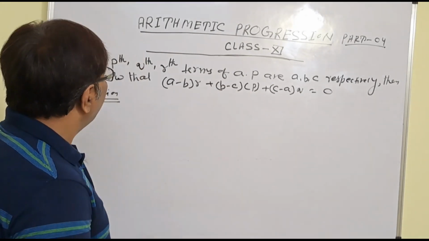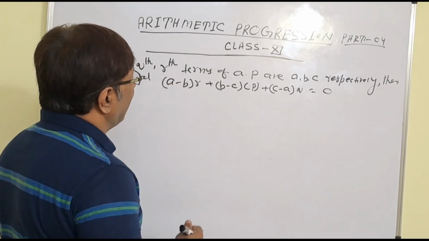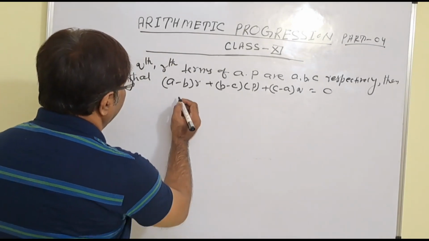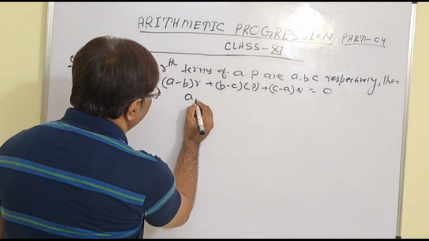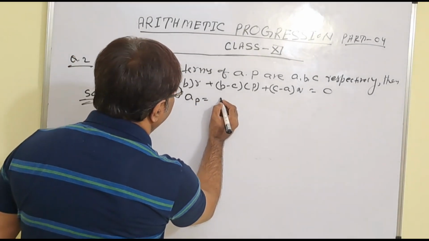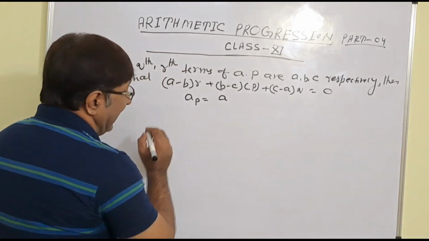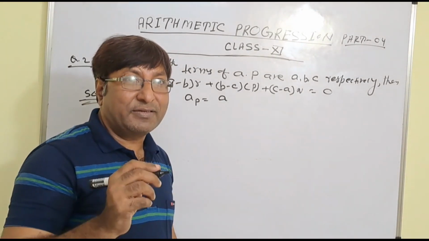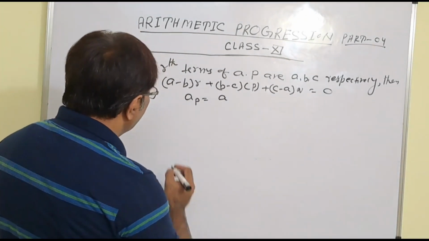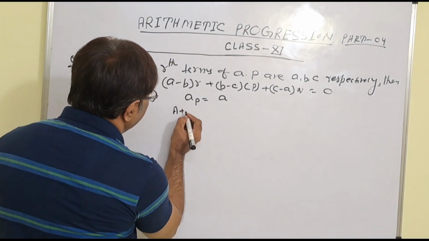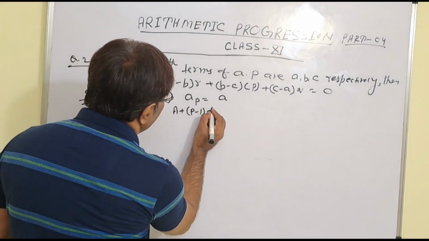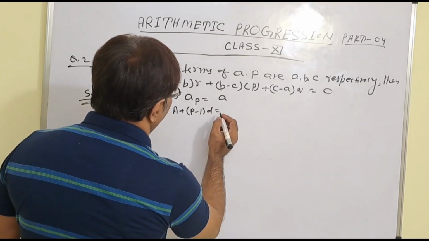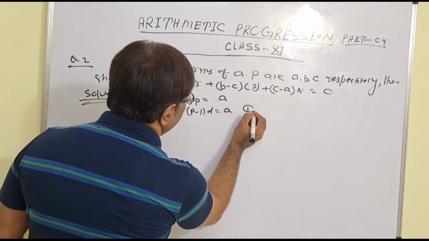See, what is given? Pth and Qth terms of the AP are given. So the Pth term, that is AP, is A. The nth term is A plus (n minus 1) into D. So we can write A plus (P minus 1) into D equals A. This is the first equation.